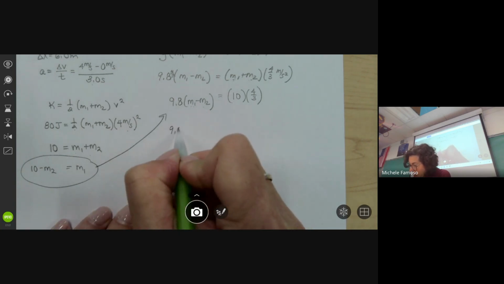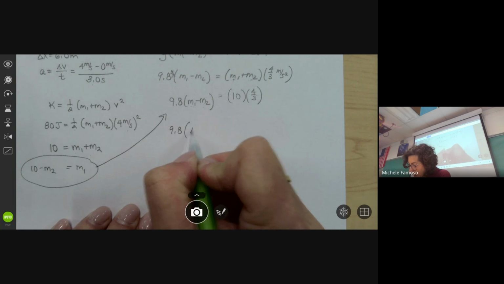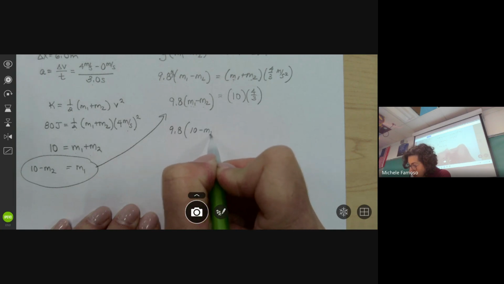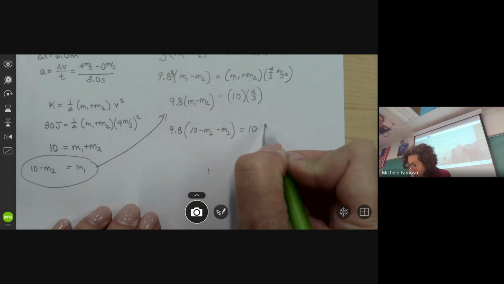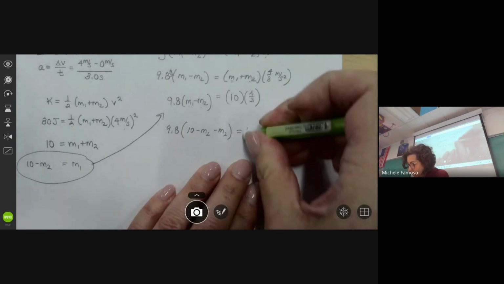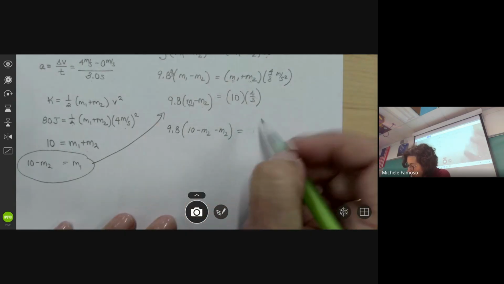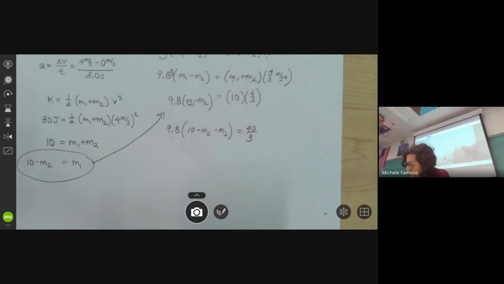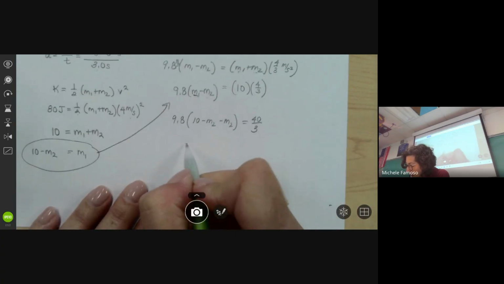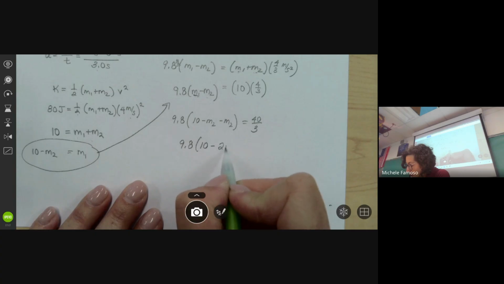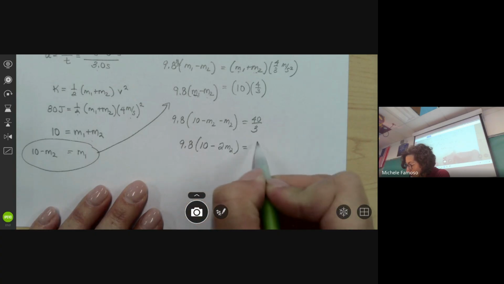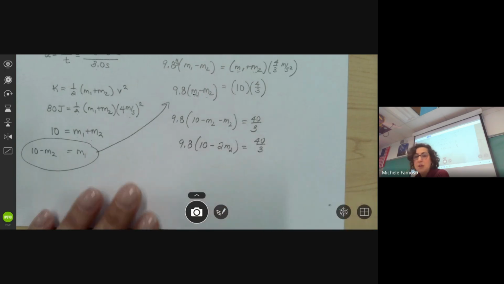So 9.8 times 10 minus mass 2 minus mass 2 is 10 times 4/3, which is 40/3. I'll just write it as 40/3. So this is 9.8 times the quantity 10 minus 2 times mass 2. Can you solve that for mass 2? Oh gosh, I hope so.